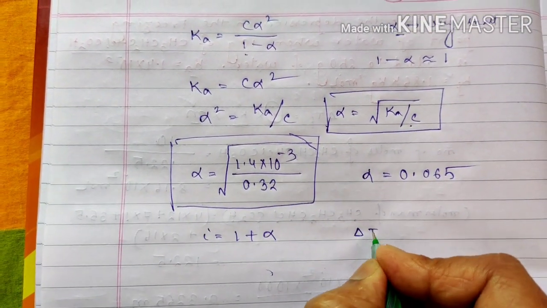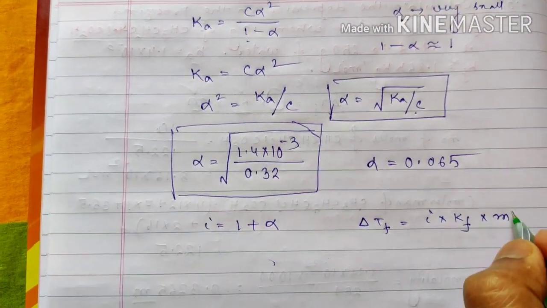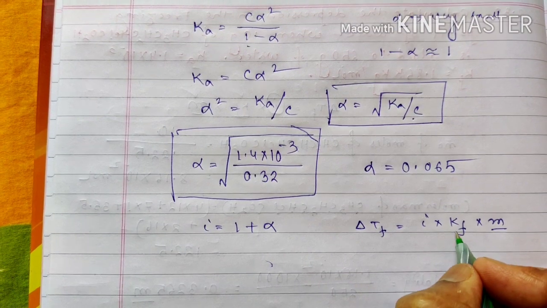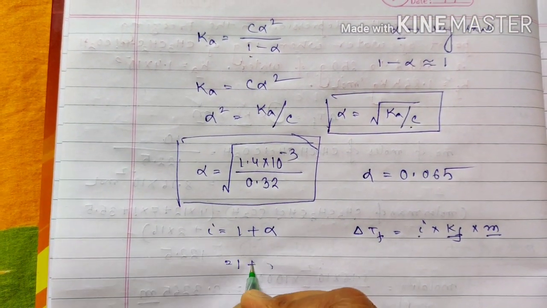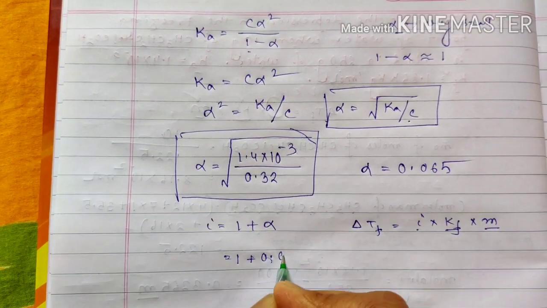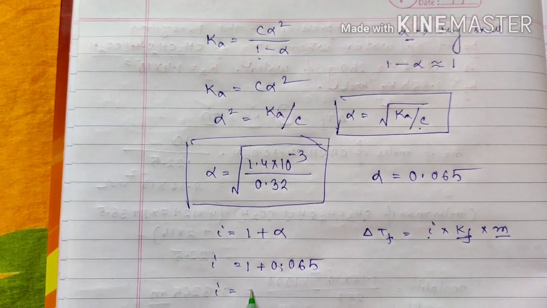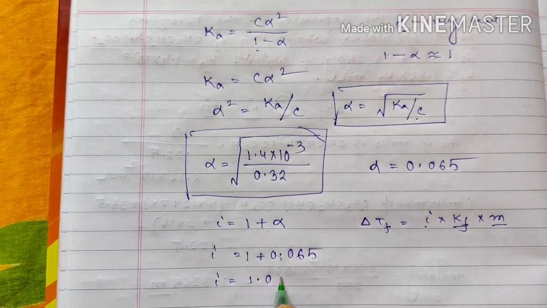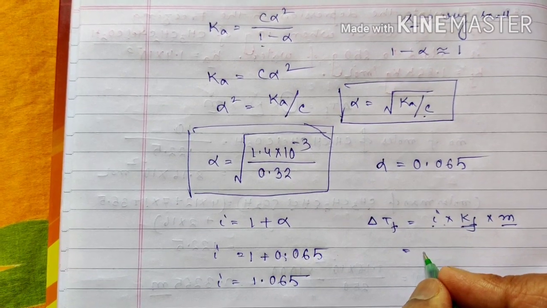and we know ΔTf is equal to i into Kf into m. m we know, Kf is given, i we have to calculate. So it should be 1 plus 0.065, that is 1.065. So this value we are going to put here.